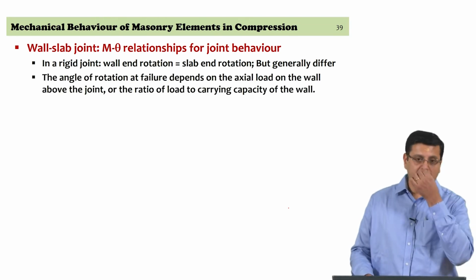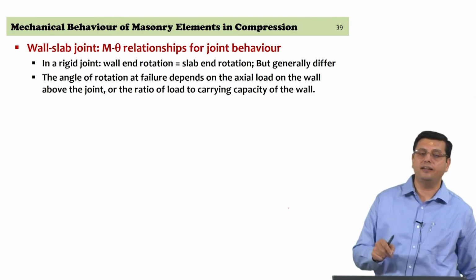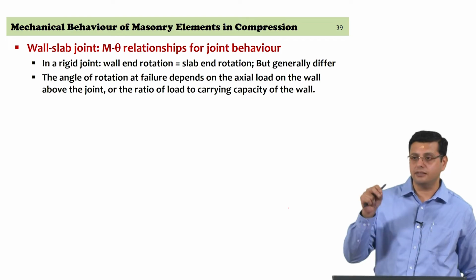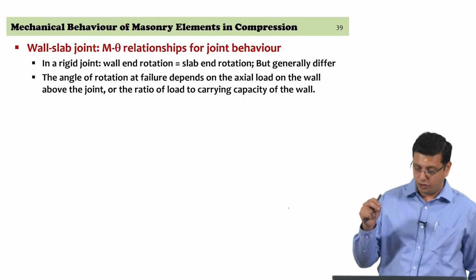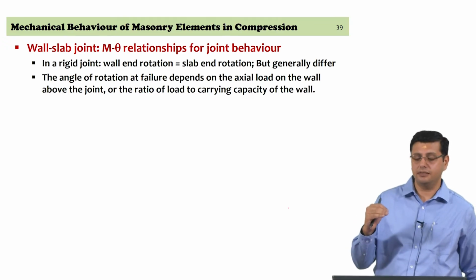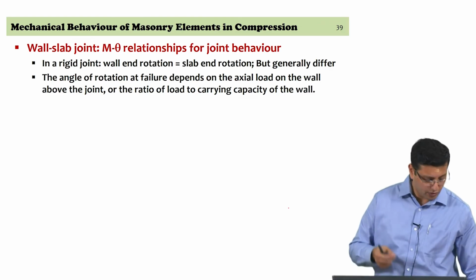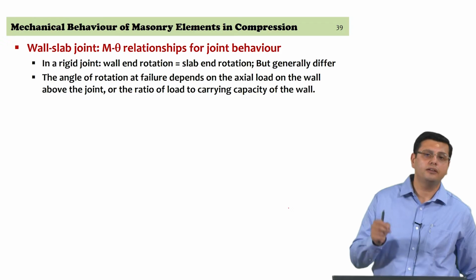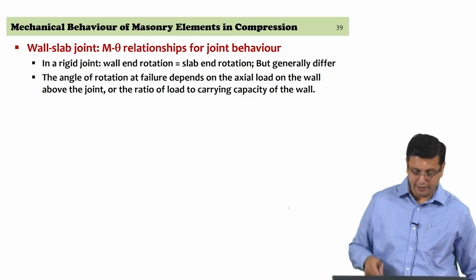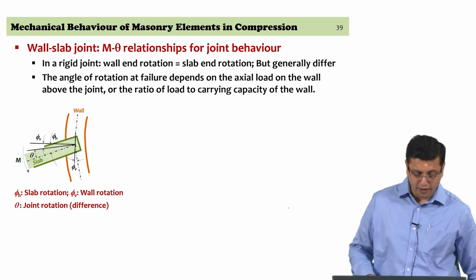So, this angle of rotation at failure depends on a few factors. It is how much axial load is actually coming onto the joint, that is, what is the axial stress level in the joint, and also what is this load in relation to the load carrying capacity of the wall itself. So, this angle of rotation is going to be different at different stages of the loading itself.